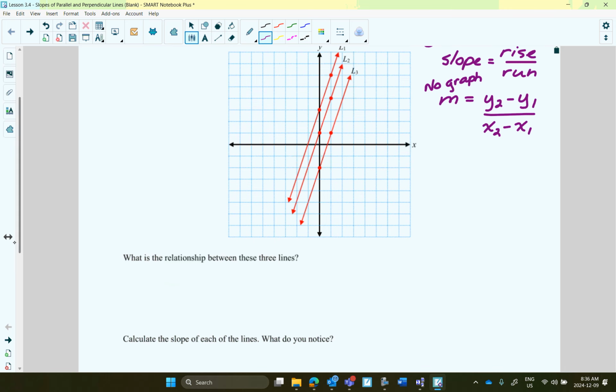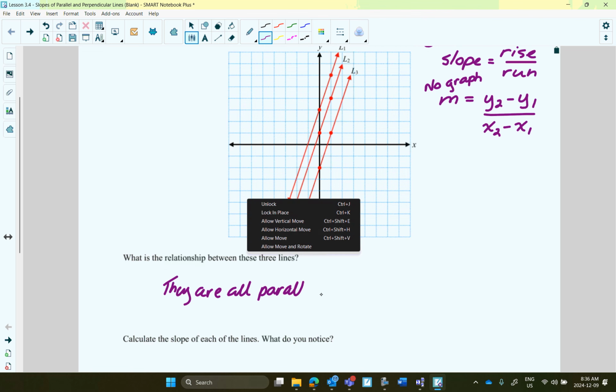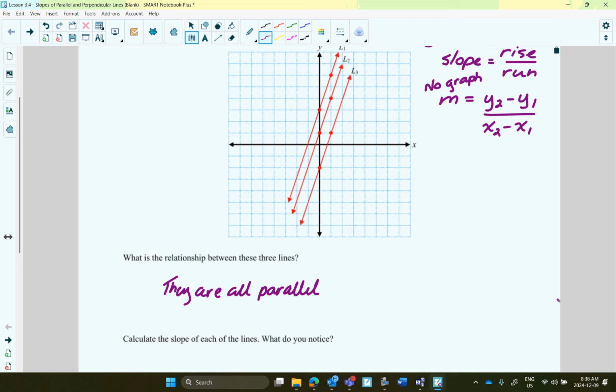So we got 3 lines. Just by looking at these 3 lines, what's the first thing that comes to your mind? What's the relationship? They're parallel. All right.